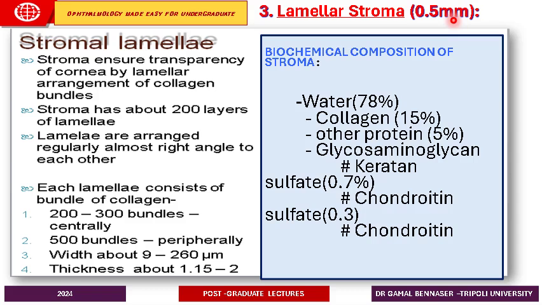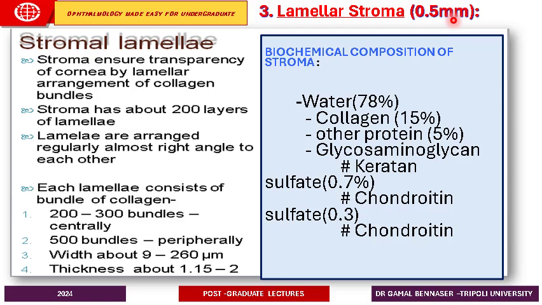However, you will see in the next slides that the packing of the collagen is more in the center as compared to the periphery, because the center, as you know, has a little thickness as compared to the periphery. So to keep the shape and potentiate the central part of the cornea, the packing of the collagen fibers along with the ground substances is much more in the peripupillary area as compared to the periphery.